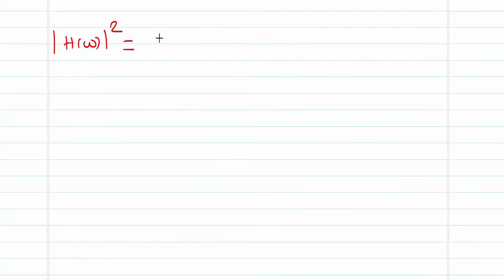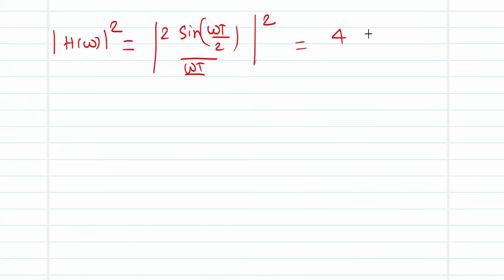So square the data, in which case you will have the modulus of 2 sine omega t by 2 divided by omega t the whole square. So now this is going to give me 4 sine square omega t by 2 divided by omega square t square. Now we are ready to put it back in our final stage.